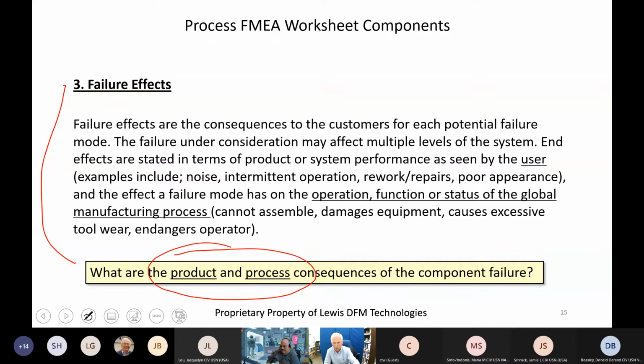And again, I'm trying to drive home the point that the operation, function, or status of the global manufacturing is what we're trying to protect. All right. So if it cannot assemble, if it damages equipment, if it causes excessive tool wear, if it endangers the operator, if it's a safety issue, anything that we think is an issue, that the team thinks is an issue, we need to address.